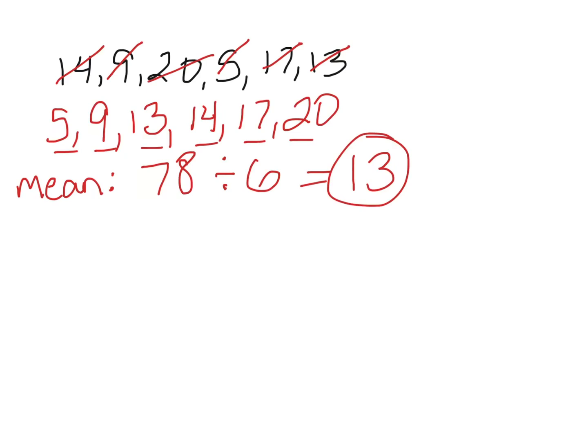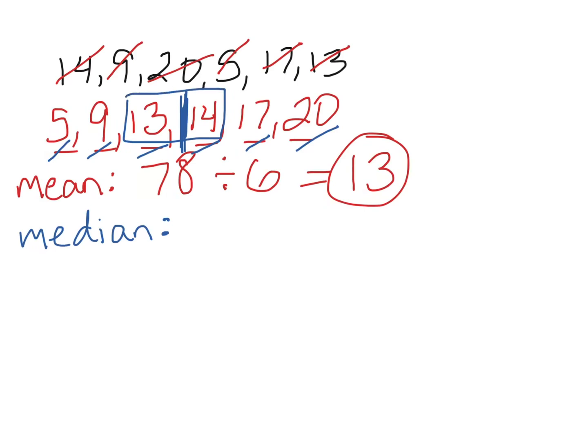Then I'm going to find the median. And that's, remember, our middle number. So if I go from left and right, moving in one at a time, I end up with this being the center of my data. So I don't have one number that is our median. So what I want to do is take the average of these two numbers.